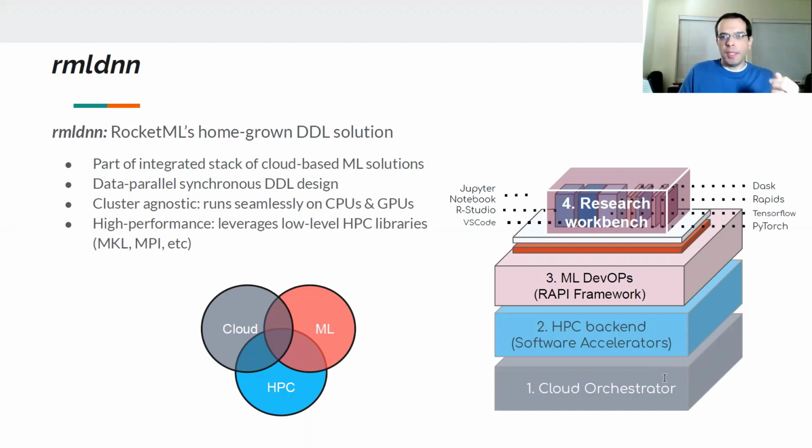Going back to RML-DNN quickly, it is a standalone tool for distributed deep learning, like I said, that implements the data parallel DDL design or strategy, like we discussed before.